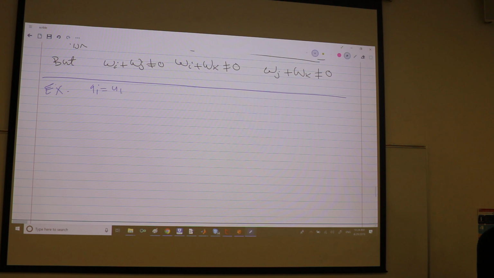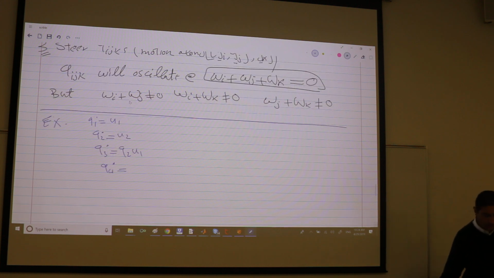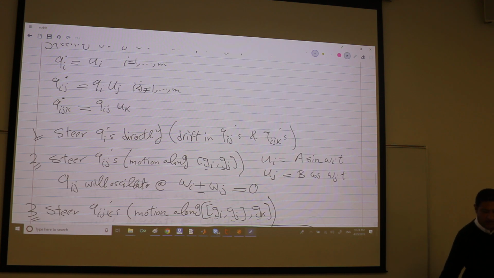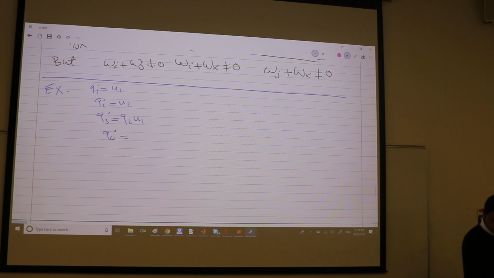Q1 dot is U1, Q2 dot is U2, Q3 dot is Q2 U1. I just labeled them Q1, 2, 3, 4, 5, not in their way, and we need to figure out their labeling on our own. So this is Q3 U1, and this guy is Q3 U2.